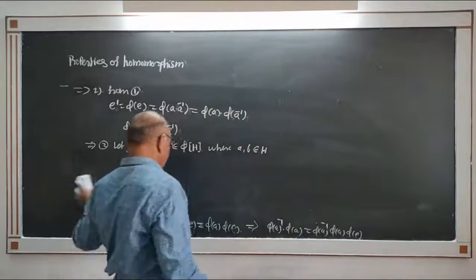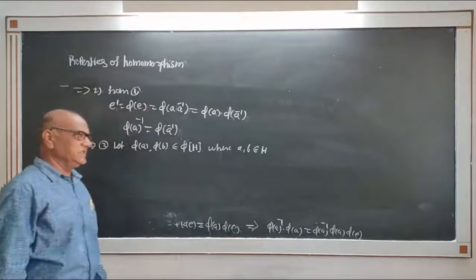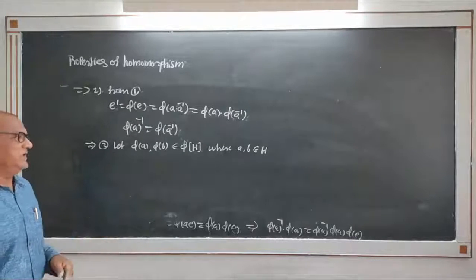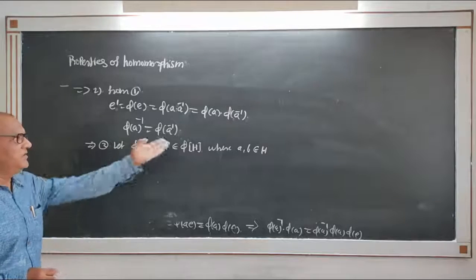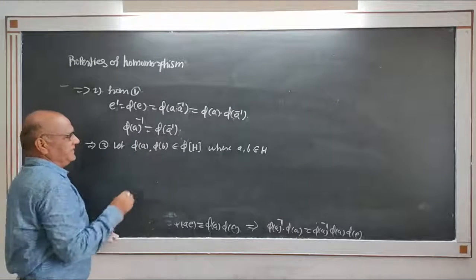That means to show closure property satisfied, identity exists, inverse exists, and associativity is inherited from G dash.